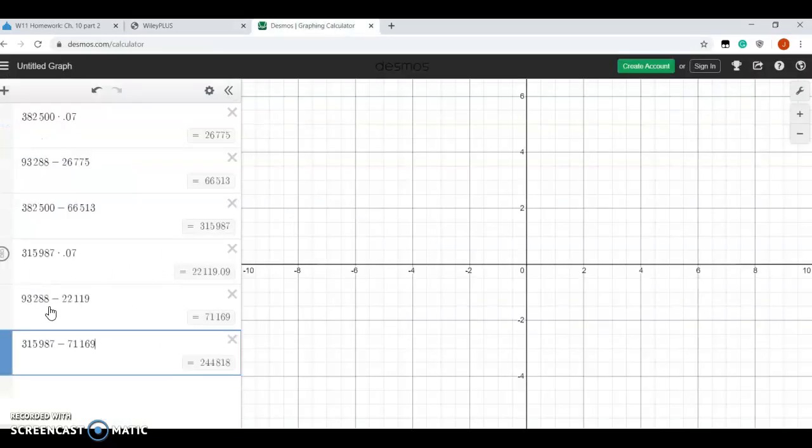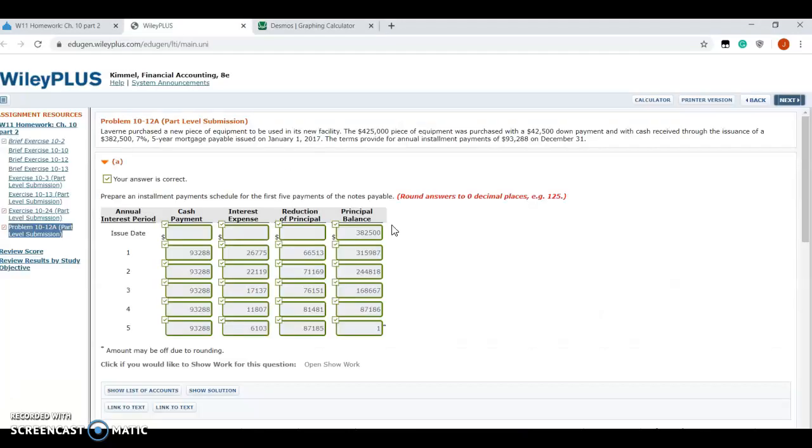Okay, then we take the cash payment minus the interest expense, and that gives us our principal payment of $71,169, and subtracting the principal balance minus the payment is going to be $244,818. Okay, so then basically continue that same process down all the way.